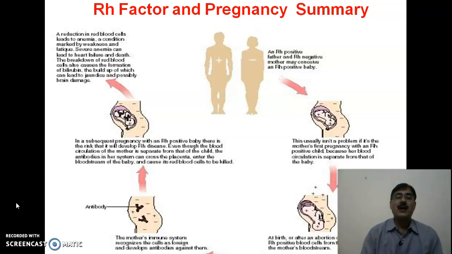So when the same female conceives the second time, and if the developing fetus is Rh positive, the immune system of the mother acts more rapidly and more vigorously. And when this happens during pregnancy, during the development of the fetus, it causes clumping of the RBC, and the disease is known as hemolytic disease of the newborn, that is erythroblastosis fetalis.